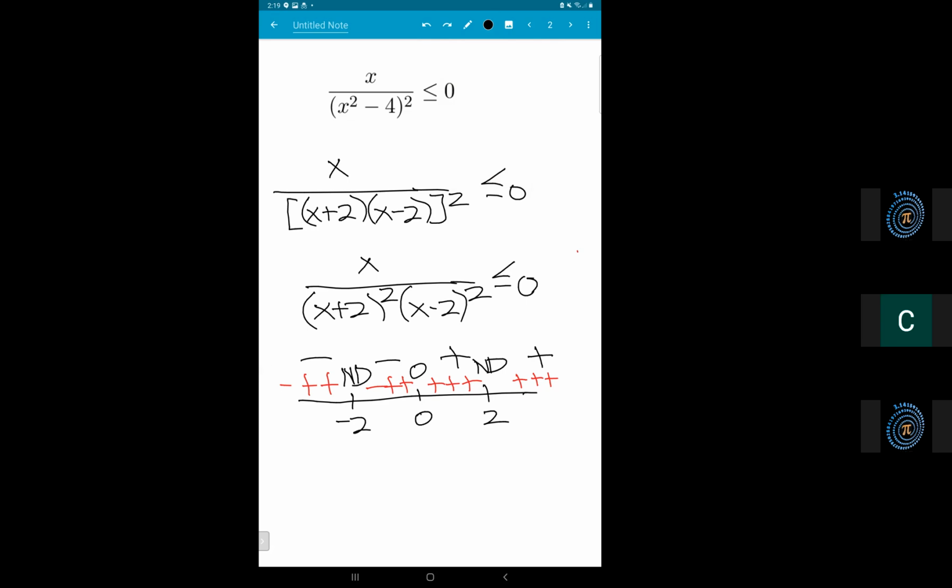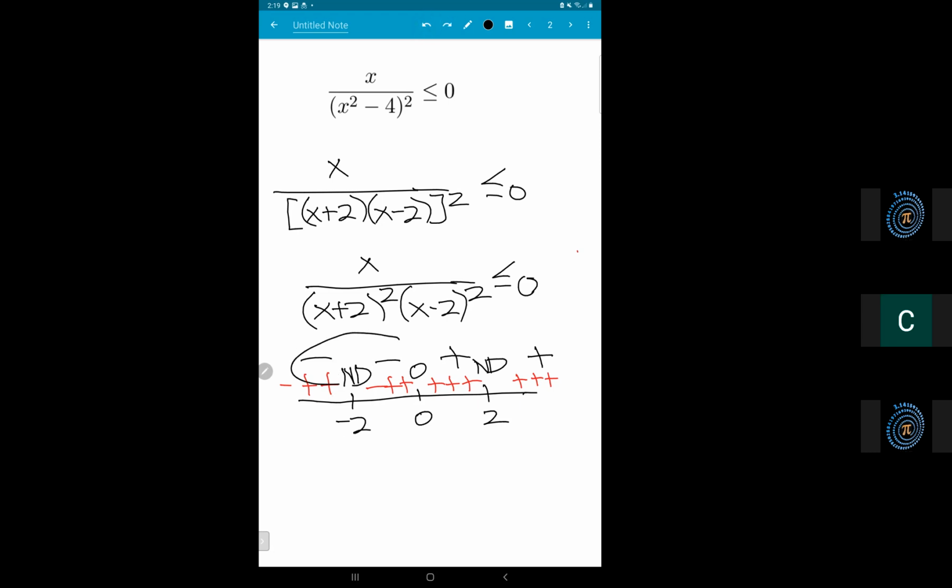Now, we want the expression to be less than or equal to 0. So we include those partition numbers where we have a 0 on top. So that means this will be part of the answer. So less than means negative. But since we have an ND, we have to separate the two intervals there.